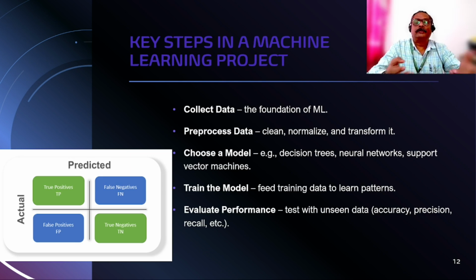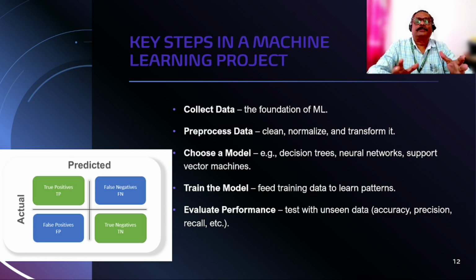So we need to evaluate the performance of the model. Test with some unforeseen data, and then look for accuracy, precision, recall, F1 score, etc. It can be done through what we call a confusion matrix, which is shown here. That confusion matrix can be used for computing the accuracy, precision, recall, and finally precision and recall together can be used to calculate the F score.